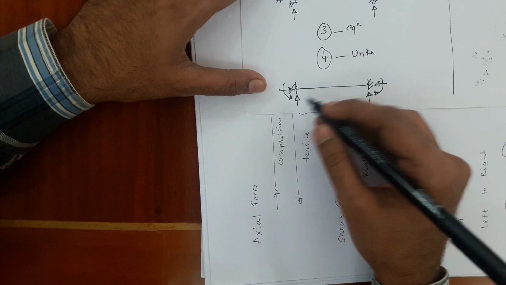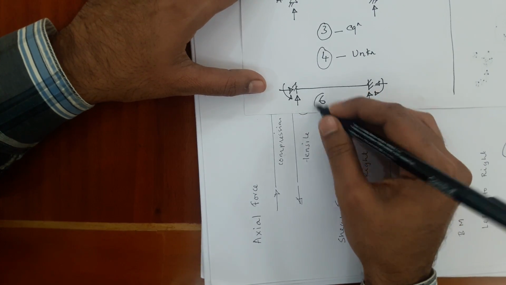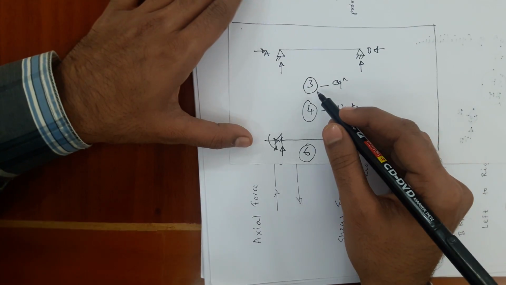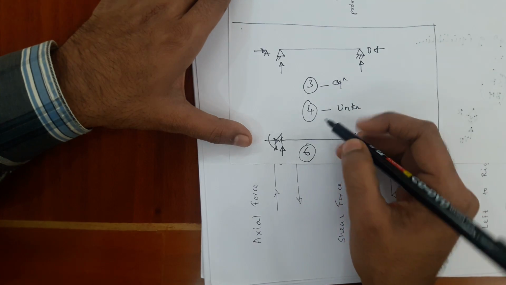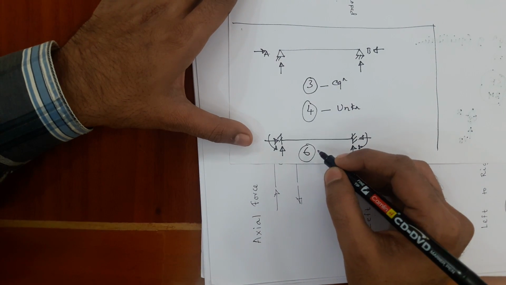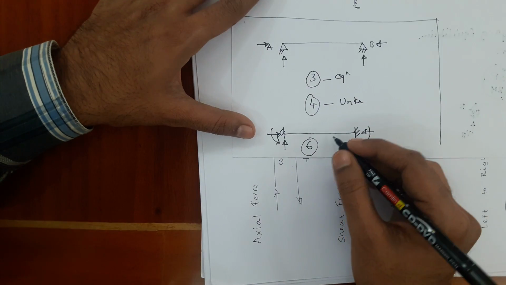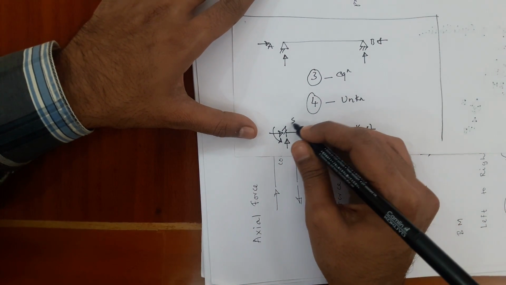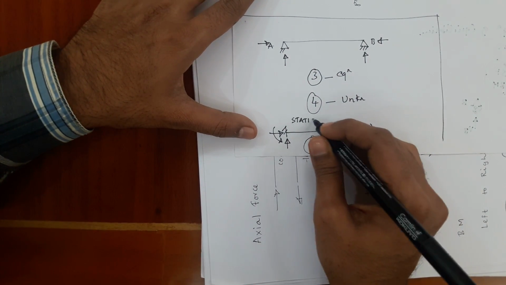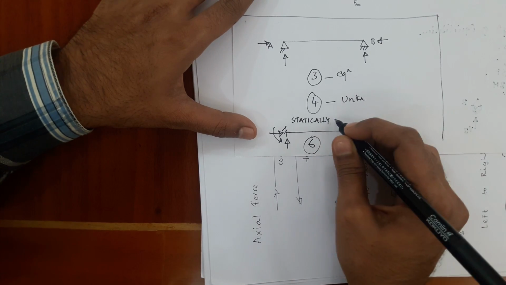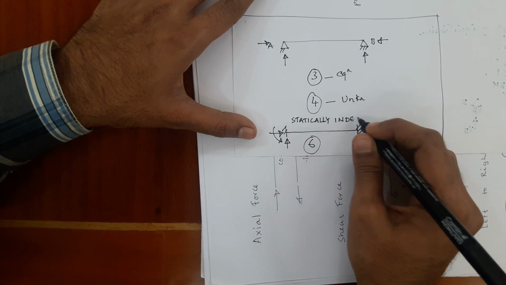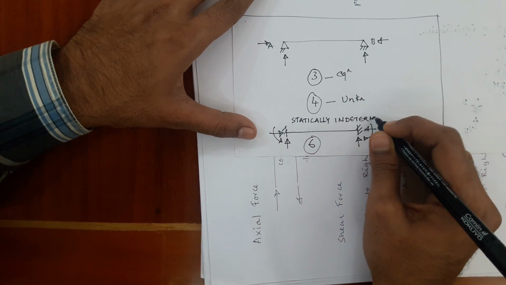And you see how many unknowns we have here? We have 6 unknowns and we have 3 equations of equilibrium, and we cannot solve these 6 unknowns by using 3 equations of equilibrium. So this structure is known as statically indeterminate structure.